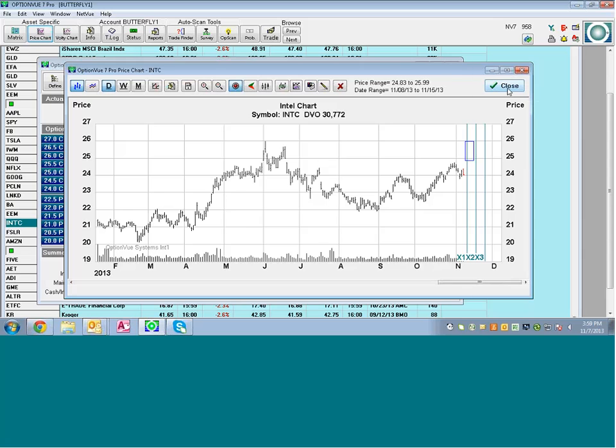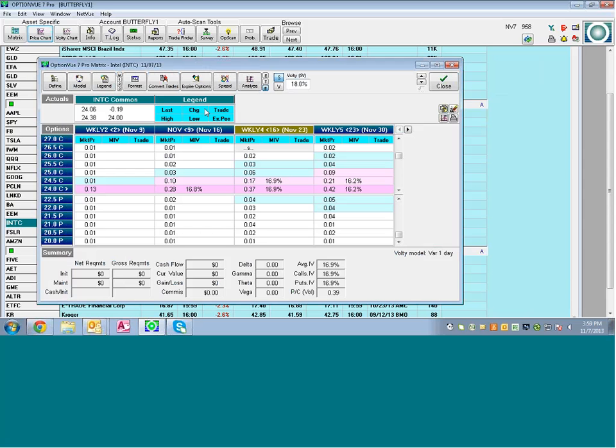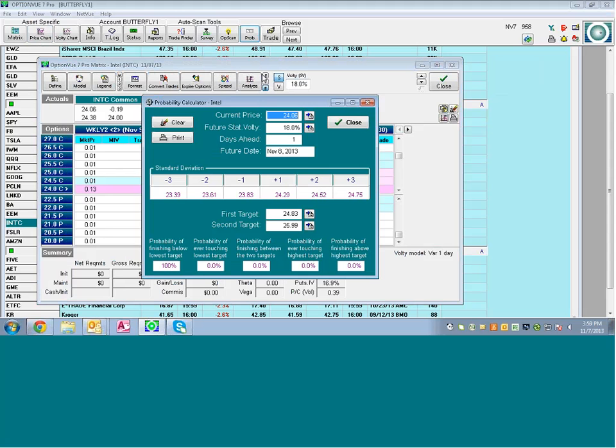So using that kind of as the background information, I want to go back over to the probability and look at a holding period somewhere between November 8th and November 15th. So let's just say 11/10. No, let's say 11/12 because that's next week on Tuesday. Is that Tuesday? Yes, it is.